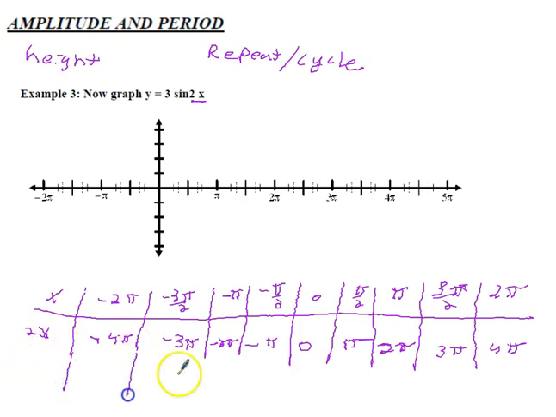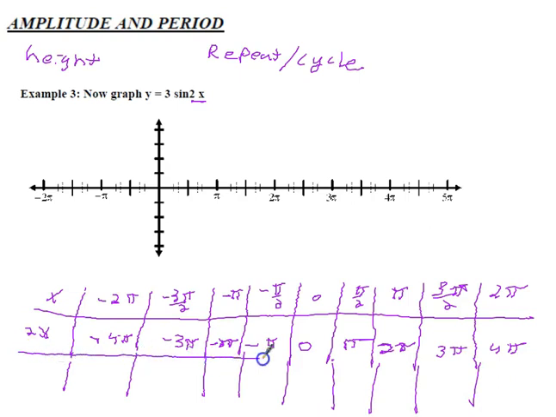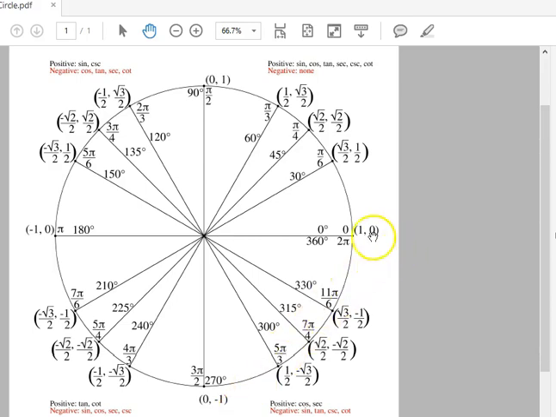So the last thing we have to do is find out what the y coordinates are. So we're going to look at our unit circle for these values. So -4 pi is two full revolutions the whole way around, so we end up back at 0.